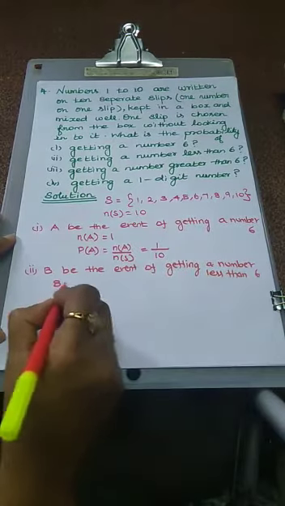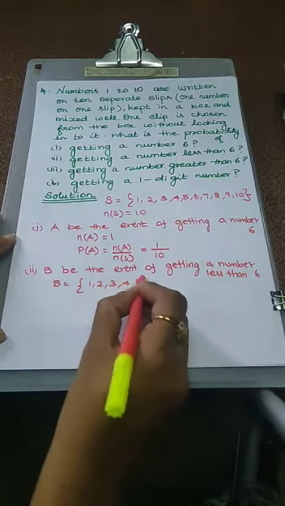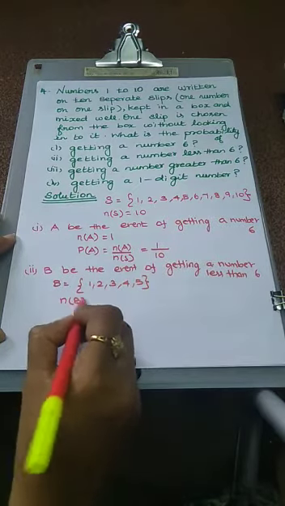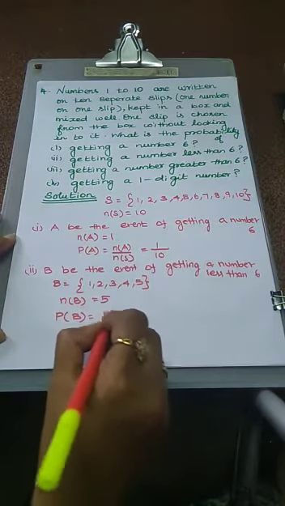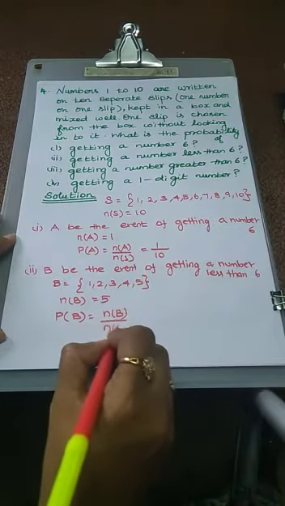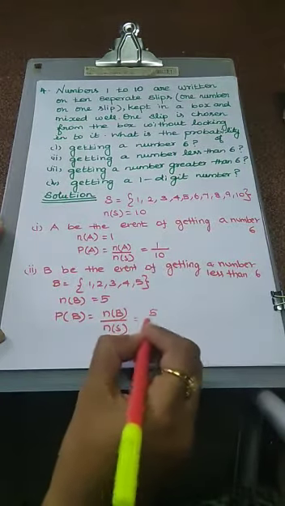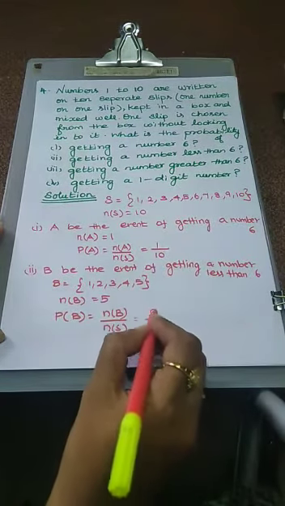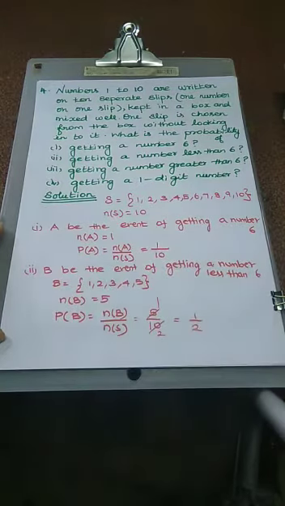B is equal to 1, 2, 3, 4, 5. What is the N of B value? That is 5. So P of B equals N of B by N of S. N of B is 5 and N of S is 10, so we cancel: 5 ones are 5, 5 twos are 10. The answer is 1 by 2.